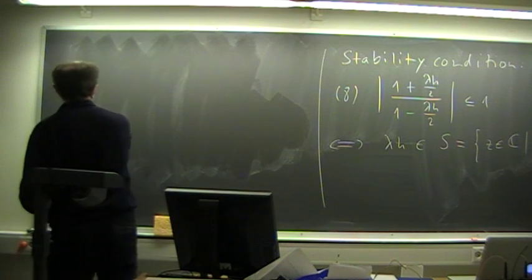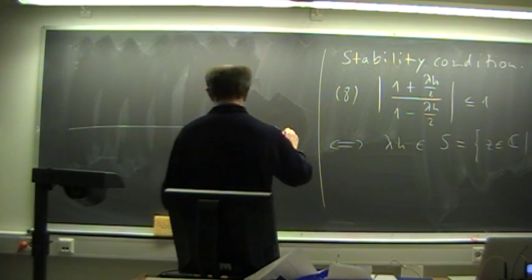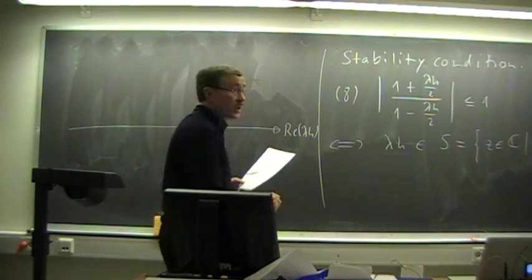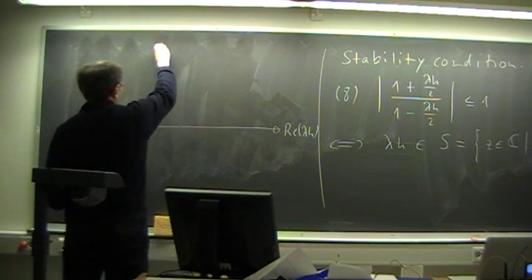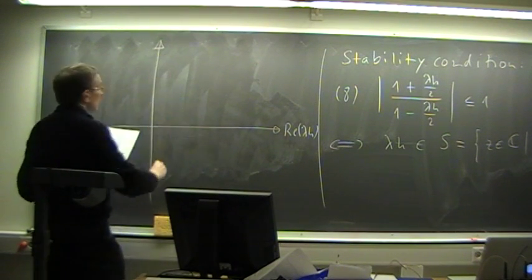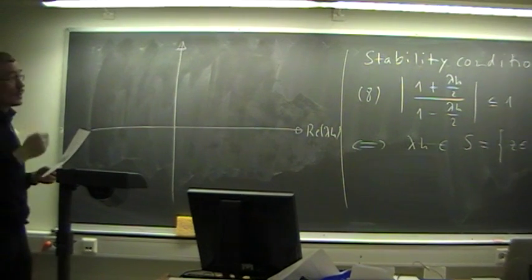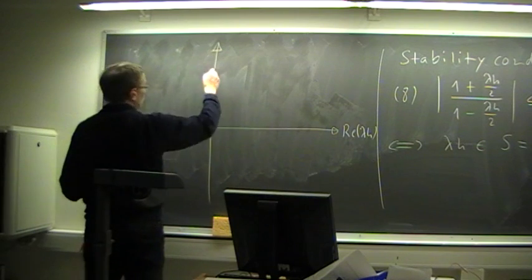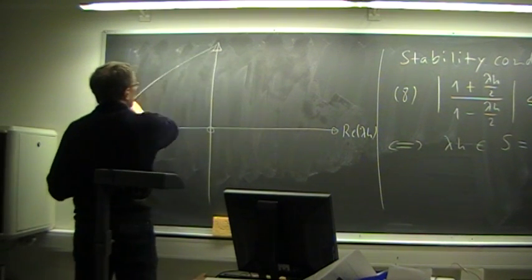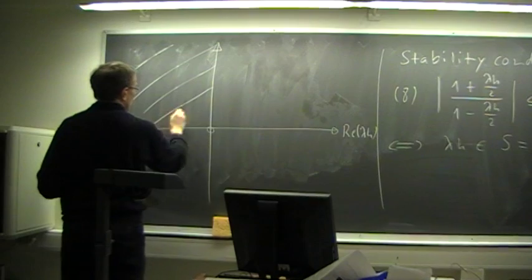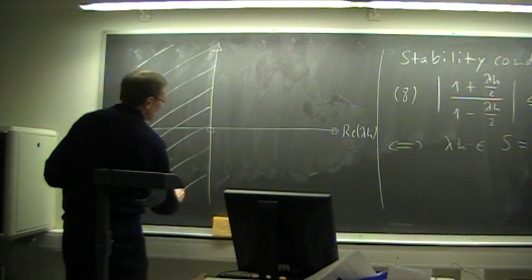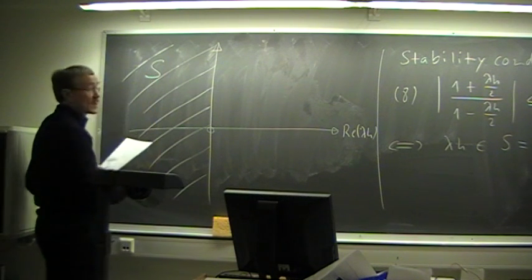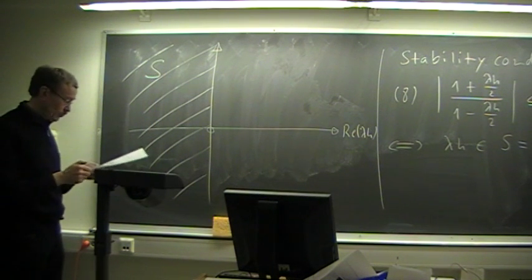So if you plot this, you are also asked to do that in exercise 3 for the 3 methods that we study: explicit, implicit Euler method, and this one, the trapezoidal method. And then we see that here we have the origin, and all on the left-hand side of the imaginary axis, that is our stability domain S of the trapezoidal method.